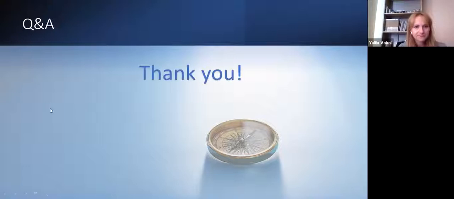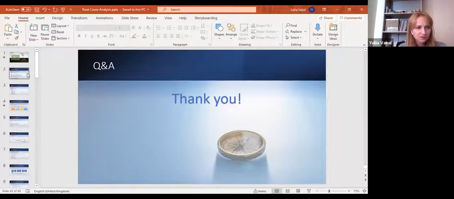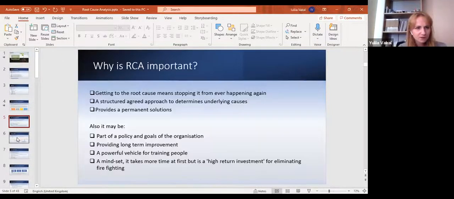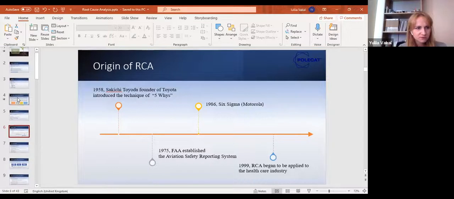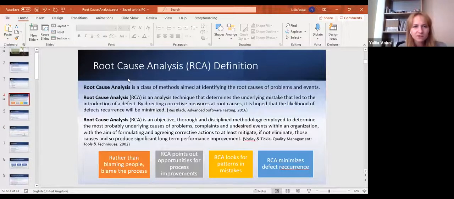So basically, you can read about root cause analysis and some techniques in any kind of test improvement process book. The one which I mentioned a few times is Rex Black, Advanced Software Testing. There's also a recent one on quality management, which I will type in chat.